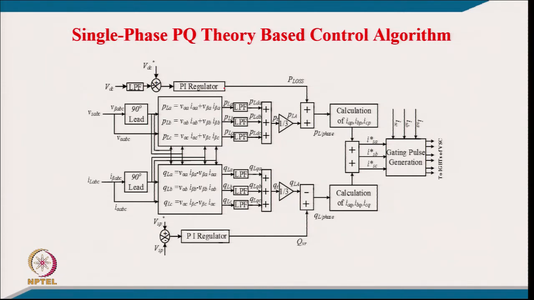This error we apply to the PI regulator, the proportional integral regulator, and the output of this we consider as P loss, that is the power loss in the DSTATCOM. The power loss consists of the losses in the interfacing inductor, ripple filter, dielectric loss in the DC link capacitors, and losses in the switching devices and diodes.